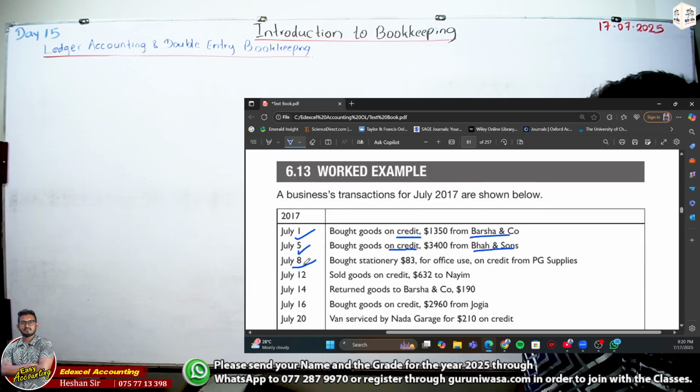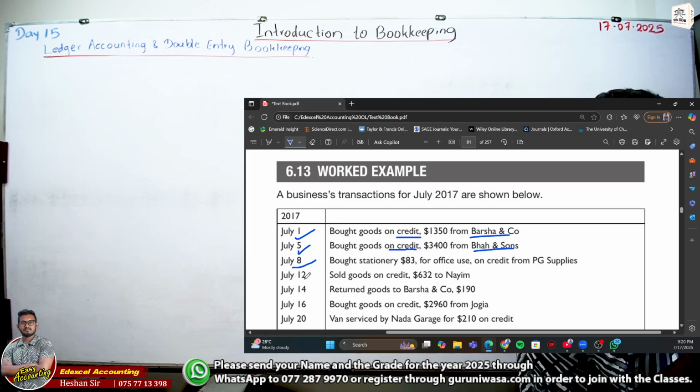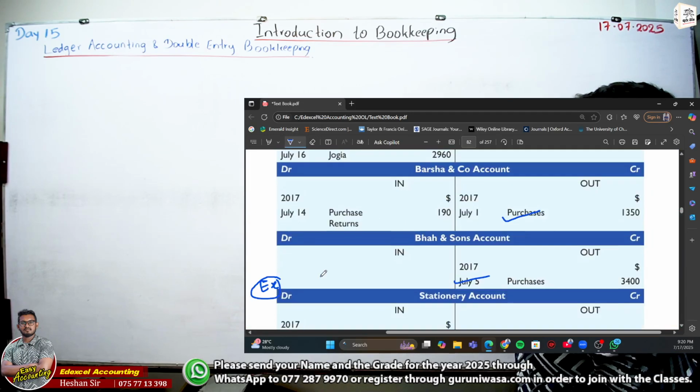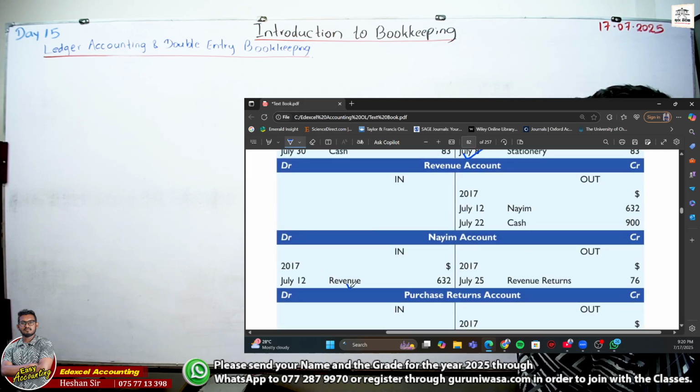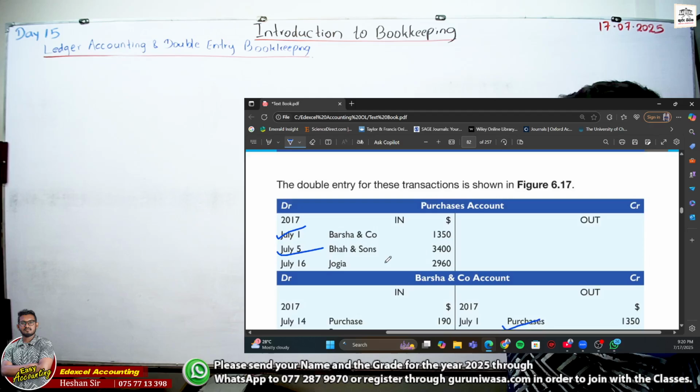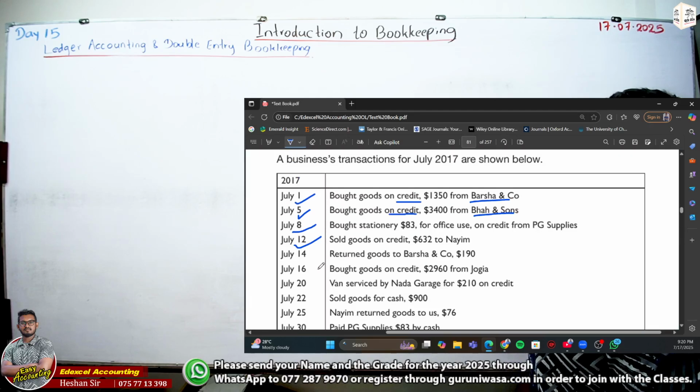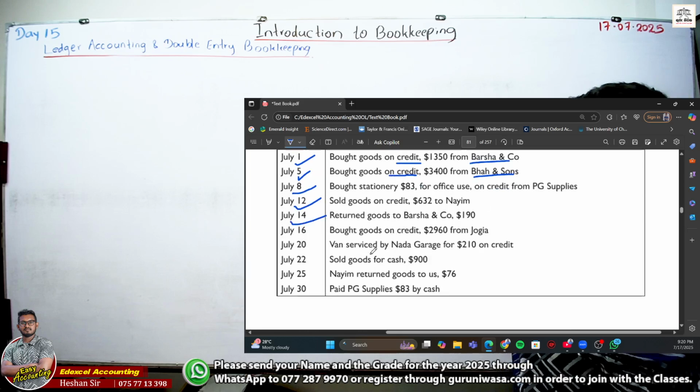Next one, sold goods on credit. Name is a debtor, so we consider the name account a debtor account. Name account debit, sales or revenue account credit, since it is on a credit basis, right? Then next one, returned goods to Basha and Company.